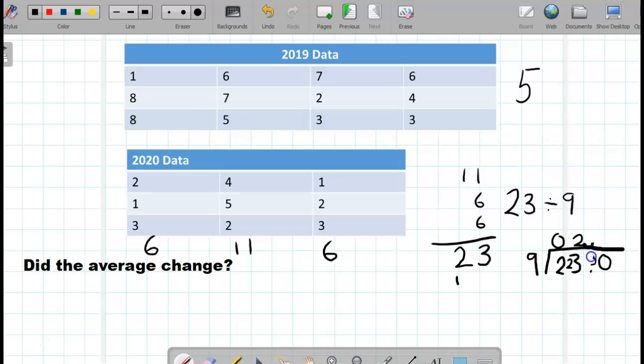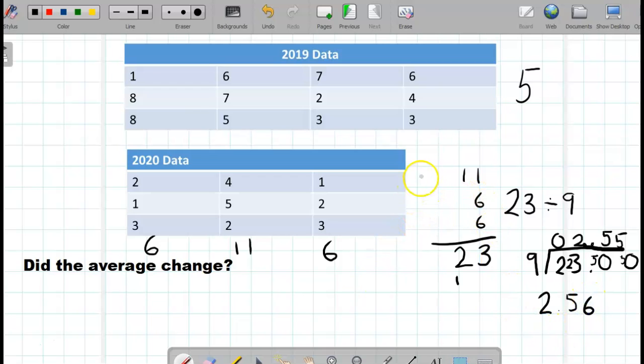So I'm going to carry that down here. How many 9s in 50? There are 5. Okay, so we're carrying another 5. 50. And what we've got there is a repeating pattern. Can you see it's just going to keep going? 5, 5, 5, 5, 5. So the answer to this question is 2.555 recurring. If they asked me to put it to 2 decimal places, then we'd become 2.56, let's call it.